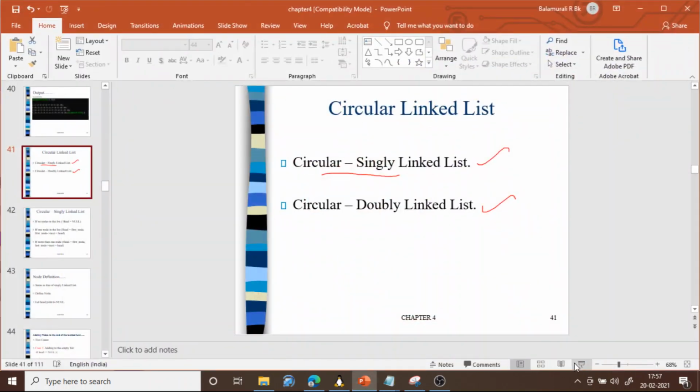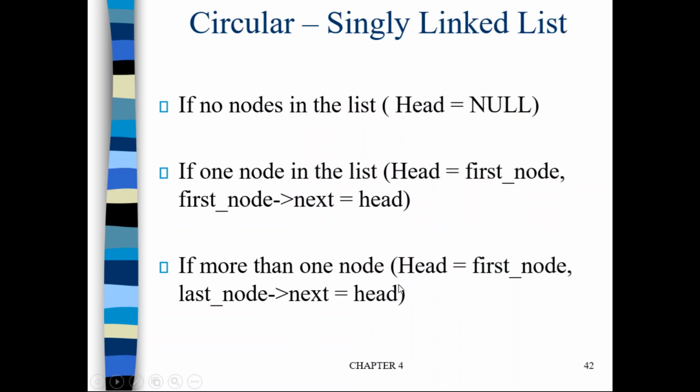Yeah. So let us continue with our discussion. As we discussed in the diagram, if there are no nodes in a circular singly linked list, then as usual the head should point to null.